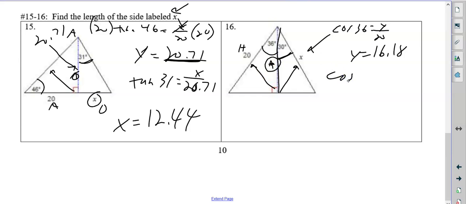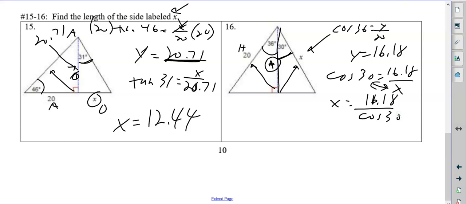So cosine of 30 this time is equal to adjacent, which we know now, over our unknown. Don't forget the old switcheroo. So x is equal to 16.18 divided by cosine of 30. And we end up with x being 18.68. Again, if you did 18.7, that would be fine.